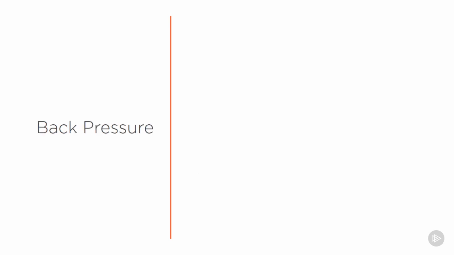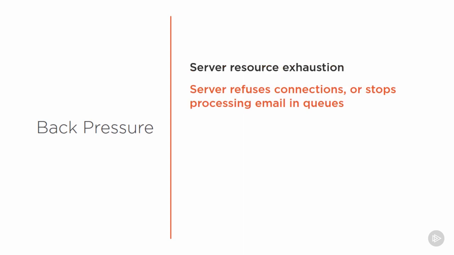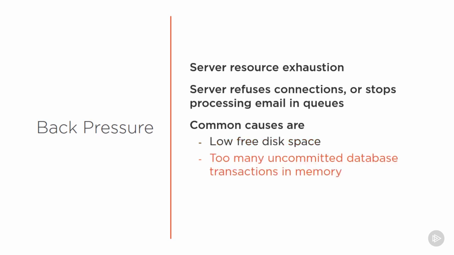Back pressure is also a fairly common issue. Back pressure describes a resource exhaustion condition for Exchange servers that leads to a server actively refusing some or all connections or email delivery attempts. The overloaded state is based on a series of resource utilization metrics. Free disk space on the drives that store the transport queue database and logs, uncommitted database transactions in server memory.